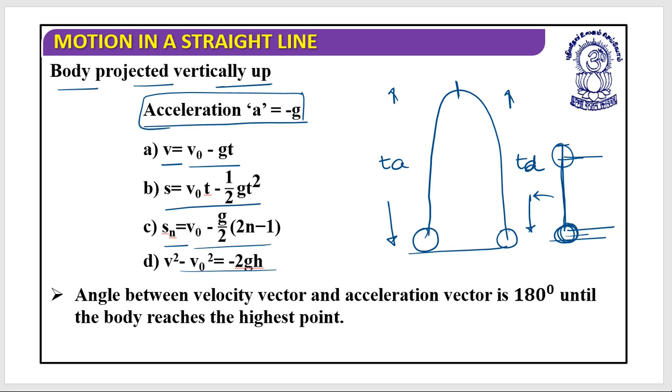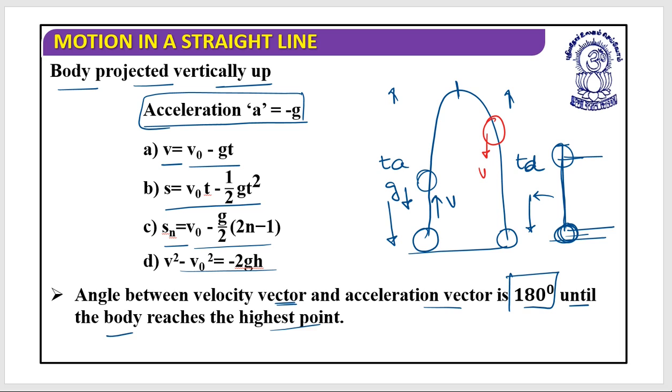So the angle between the velocity vector and the acceleration vector, until the body reaches the highest point, is 180 degrees. Why? Look at this, this is velocity, and if I assume the object here, the acceleration g is in this direction. So it is 180 degrees until it reaches the highest point. And if I talk about the downward journey, what would be its angle?